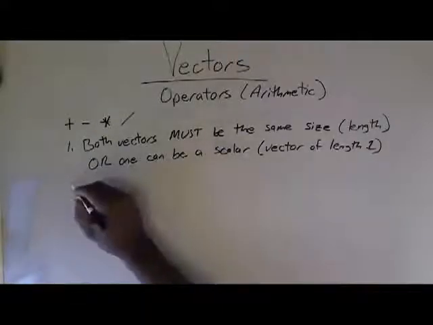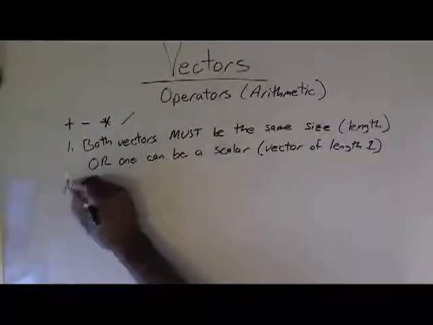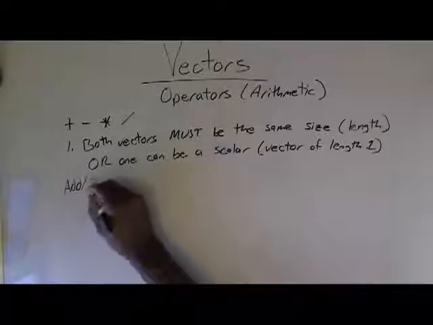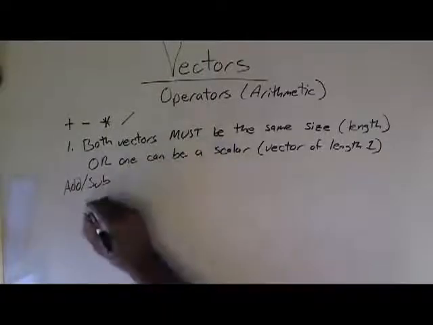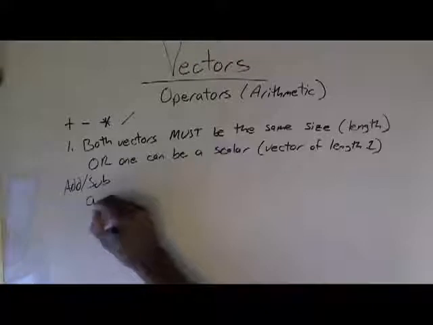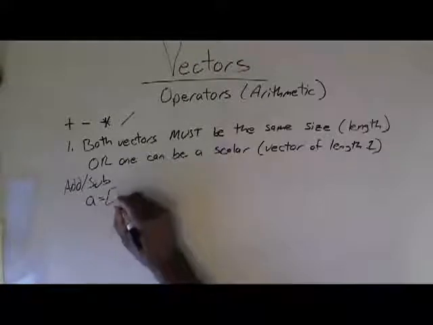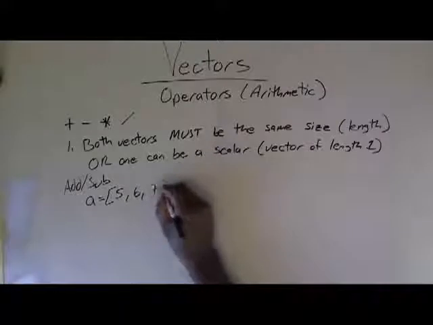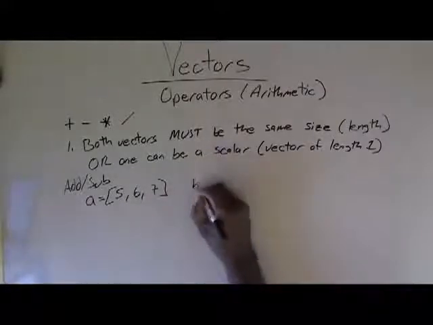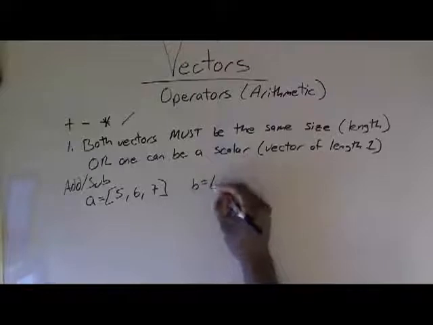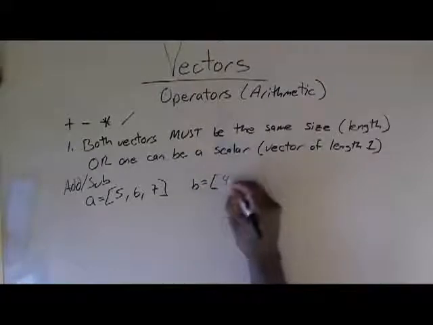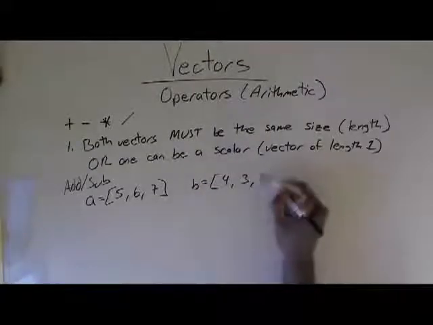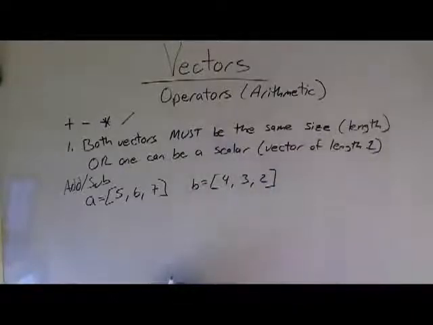So that's the primary rule. Now let's talk about addition and subtraction with vectors. Let's say we have two vectors. Vector A is 5, 6, 7, and vector B is 4, 3, 2. This is really where MATLAB gets powerful.